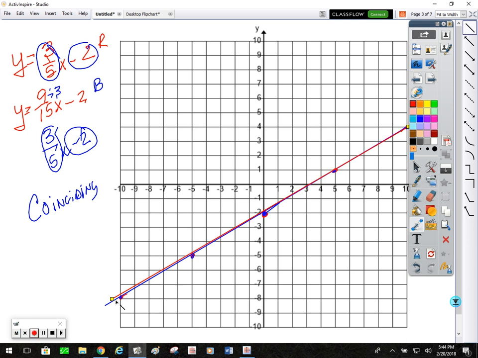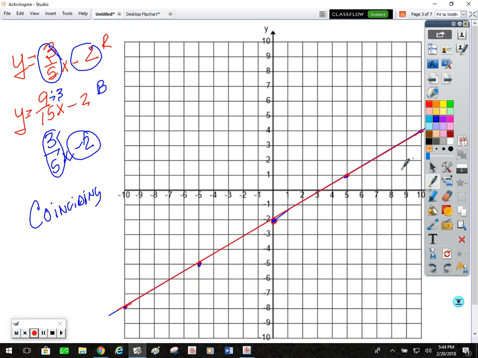I know that these points that are on the line, that you can see the ones that I have actually put on here, all of these would make both of those true.